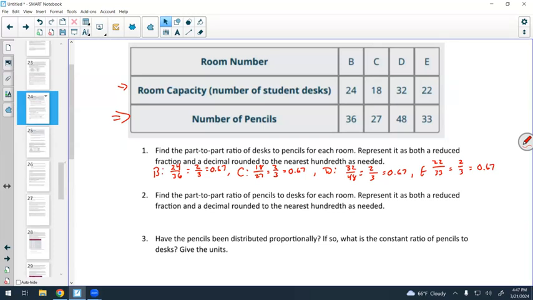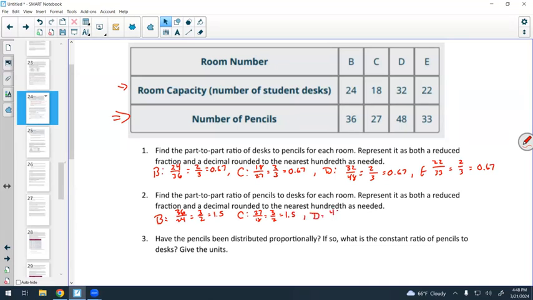Now find the part-to-part ratio of pencils to desks for each room. So in this case, pencils on top, desks on bottom. So we have B, it would be 36 to 24, which would be 3/2, or 1.5. C would be 27 to 18, which would also be 3/2, or 1.5.